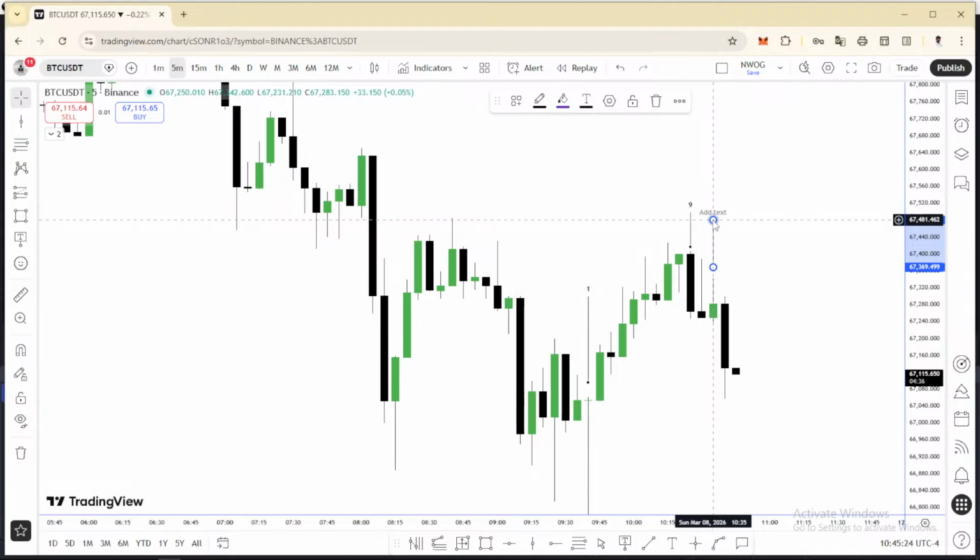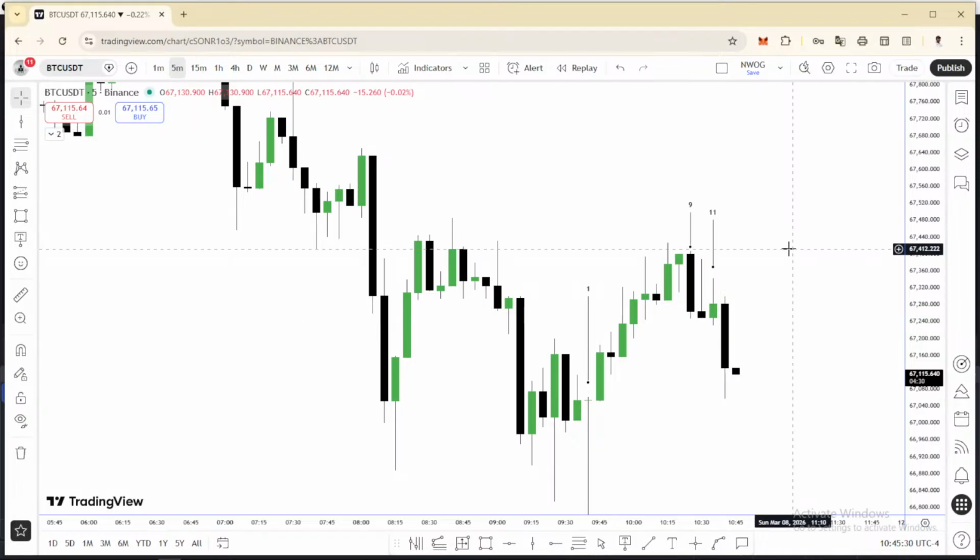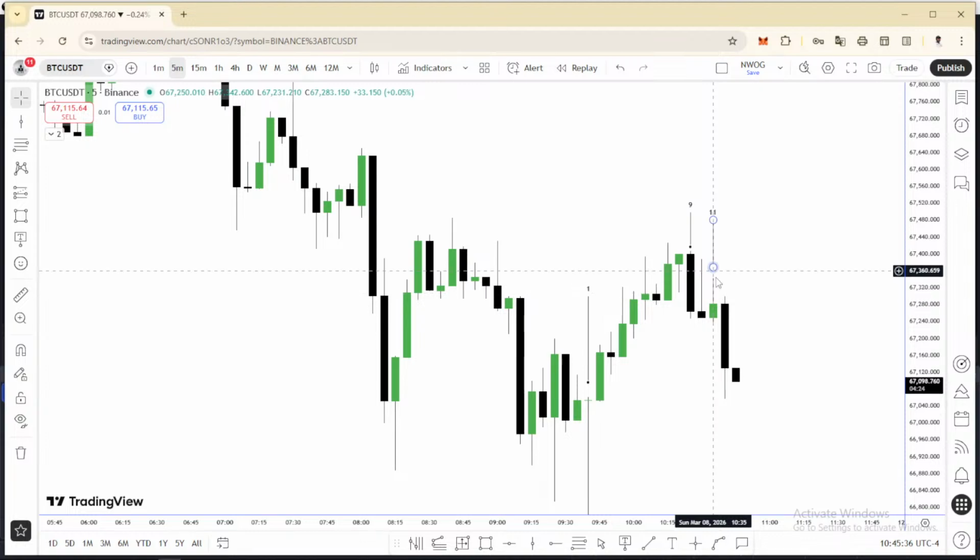We've shifted direction, and look, when we saw 11 the last time, it was black, right? And so we said that we were expecting upward movement. But see 11 at this point right here, it's green. So what are we expecting? Bearish movement.